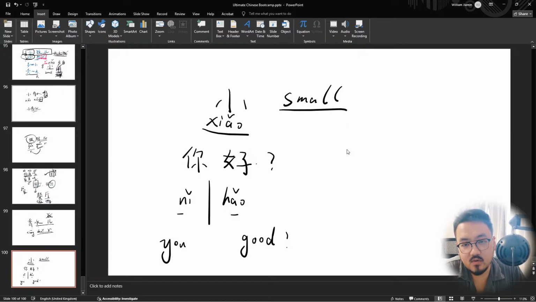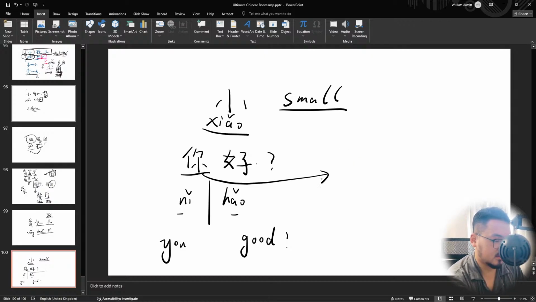So you can guess the word's meaning based on the two combined characters. Yes, sort of guessing, but sometimes really hard because it's a kind of inferred meaning. For example, you look at 你, right? The left side is something like this. The right side is something like this. And if you decompose this, it's something like this.